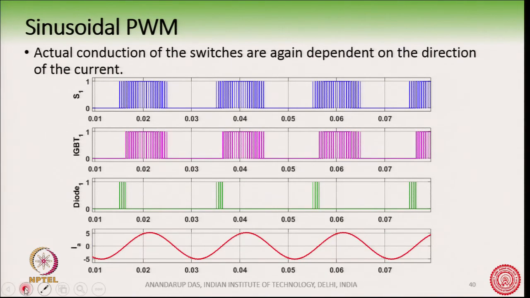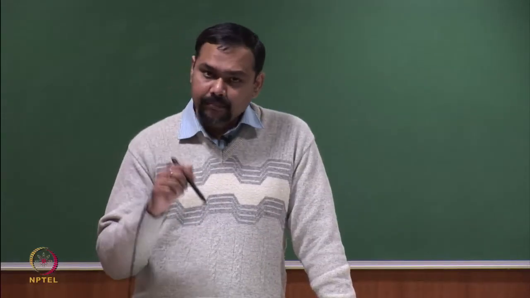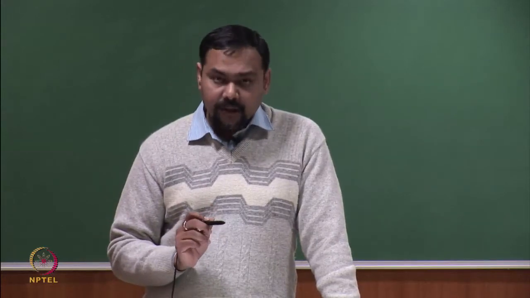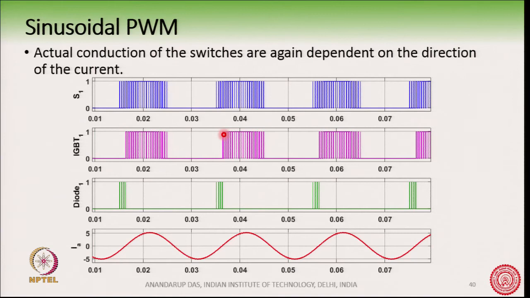Now, if we go one step deeper inside the converter, we can see that the actual conduction of the switches depends on the direction of the current. For example, we had taken a power factor close to 0.9.